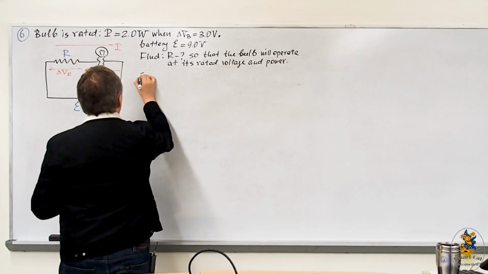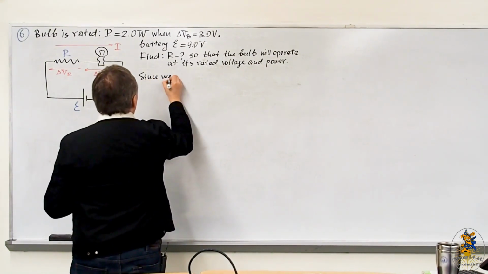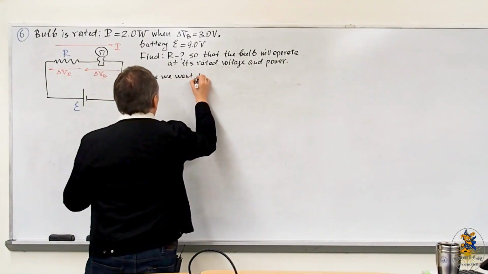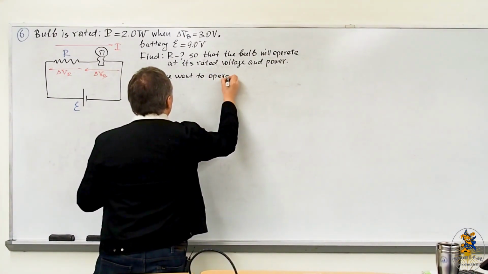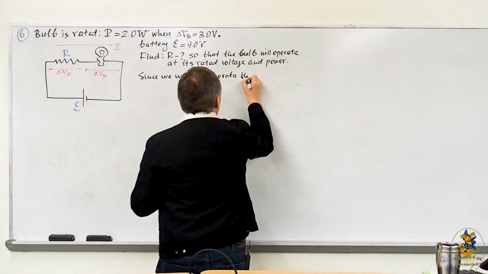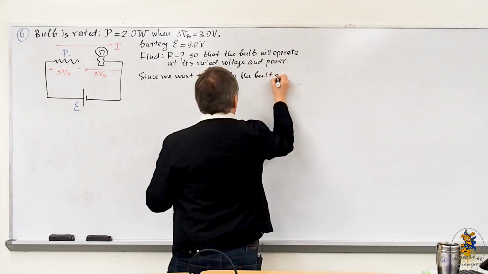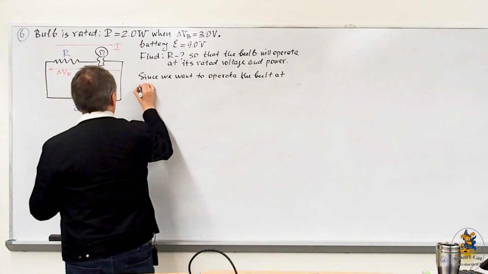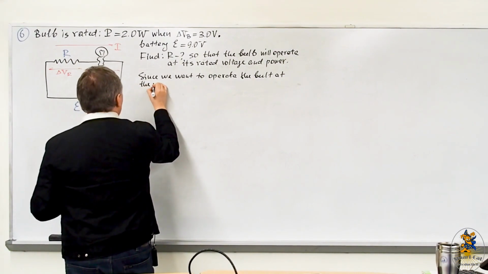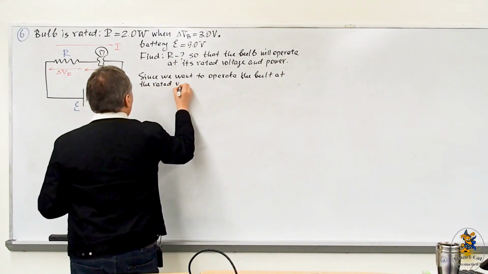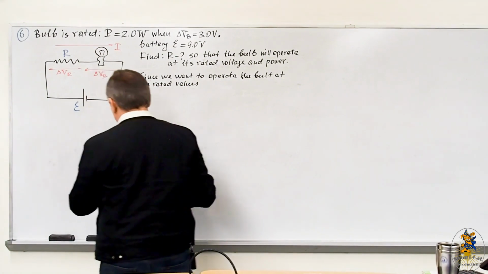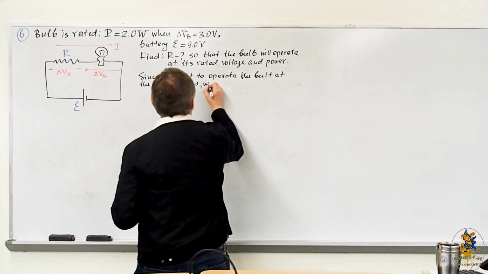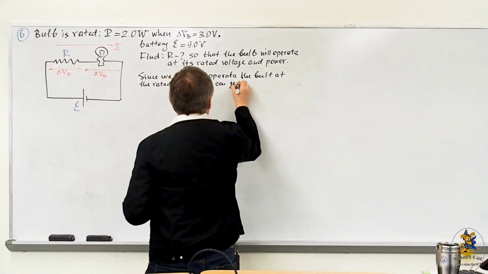Since we want to operate the bulb at the rated values, we can calculate current. We can get current.